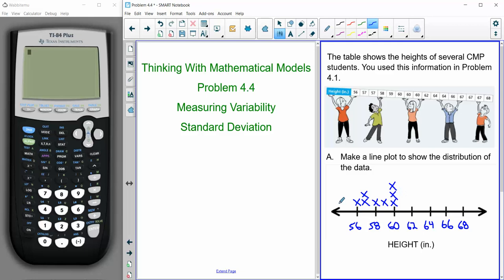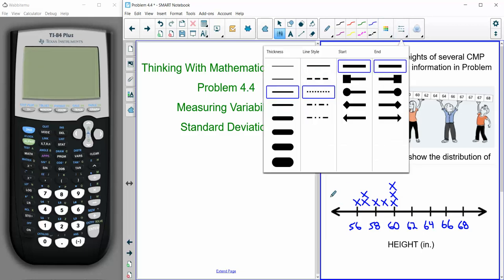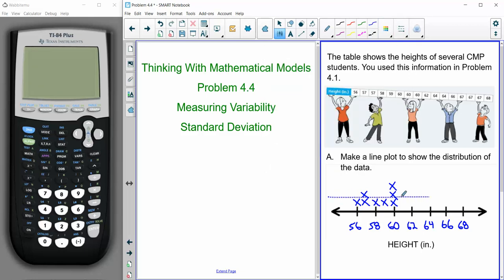I want to give this the feel of a bar graph, where these are the same height. It might be easier to do with lines that are parallel to the original line down here.